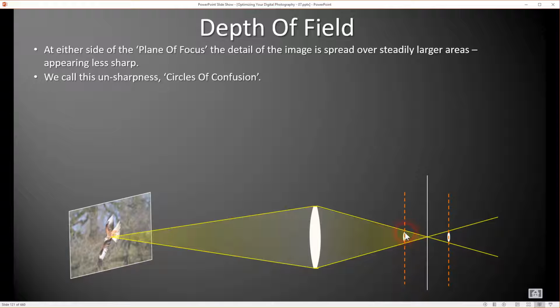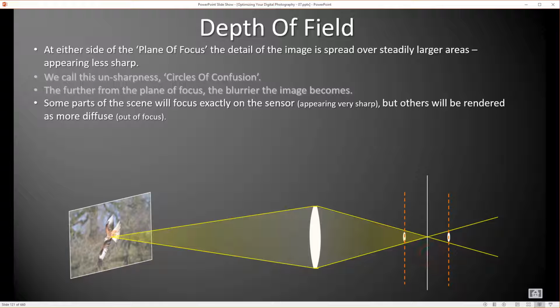And we call these areas circles of confusion, and if you look at them, it is a kind of circular shape spread out over a larger area on the sensor. So the further from the plane of focus, the blurrier the image becomes.